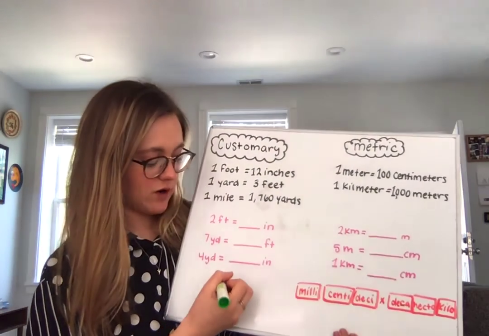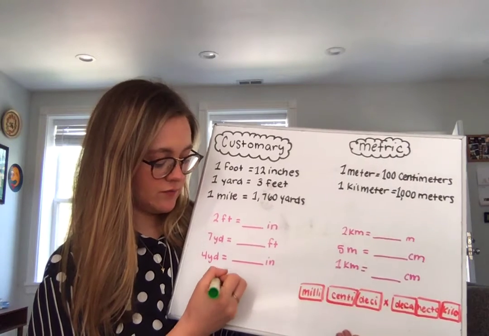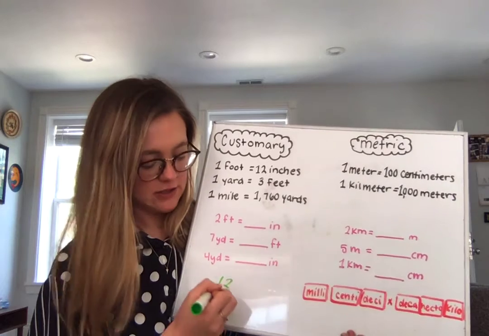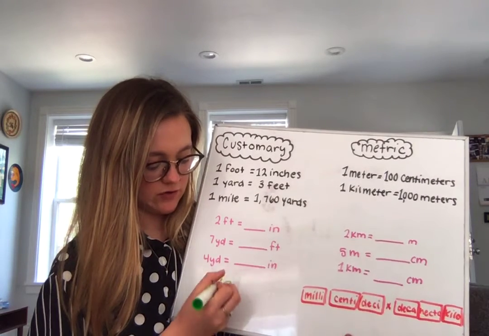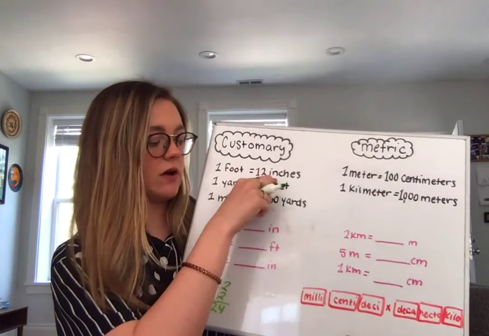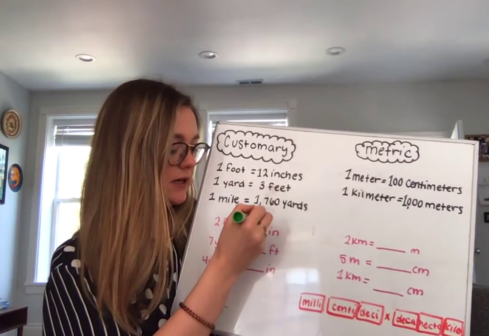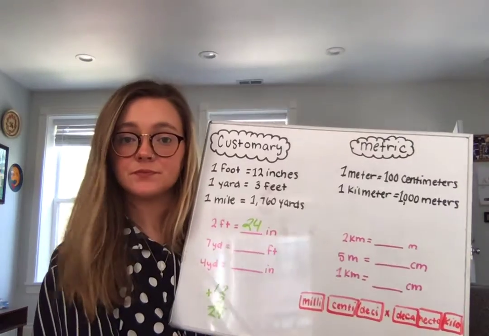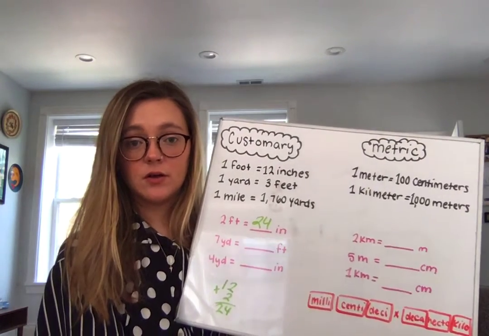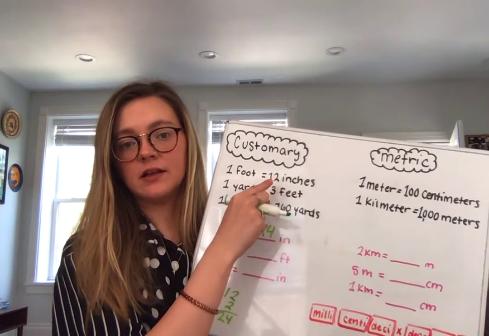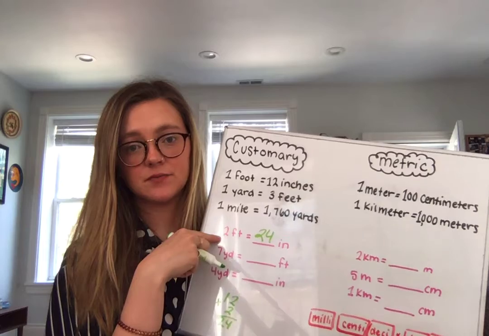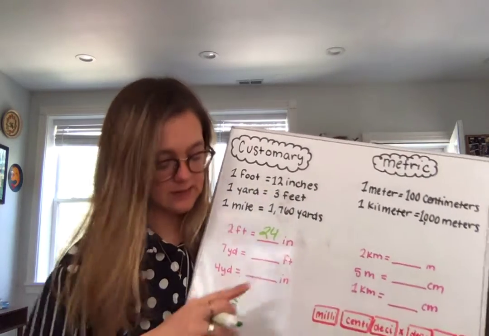So down here in my workbox, I'm going to do 12 times 2. 2 times 2 is 4, 2 times 1 is 2. So if 1 foot is 12 inches, 2 feet is 24 inches. That's all that problem's asking you to do. I multiplied 12 by 2 because I wanted to know 2 feet. Let's try the next one.